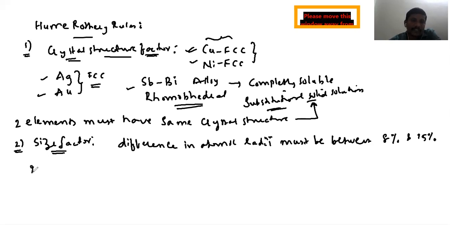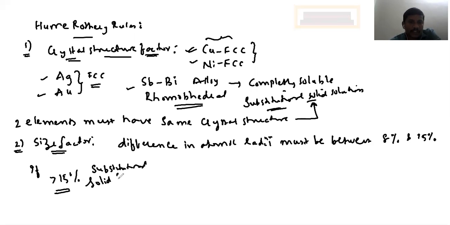If the difference in atomic radii is greater than 15%, the two elements cannot form a substitutional solid solution. The two elements cannot be dissolved in each other to any extent in the solid phase.